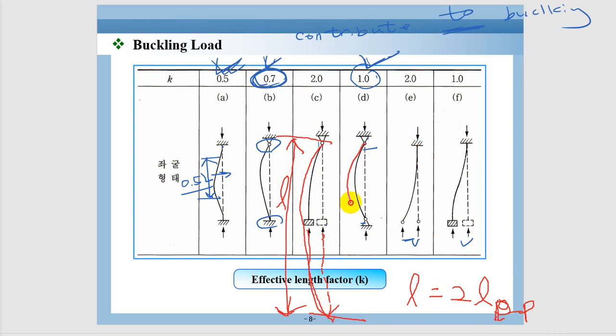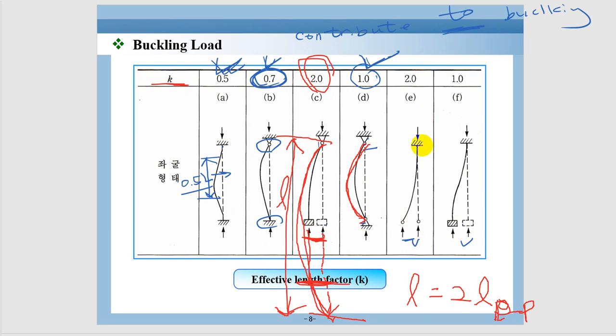Can you imagine? It is not difficult to imagine, right? This is about 2 times of this when you allow lateral movement, which is unbraced columns. Very easy. So the K value is 2. Effective length factor is 2, and so on and so forth.